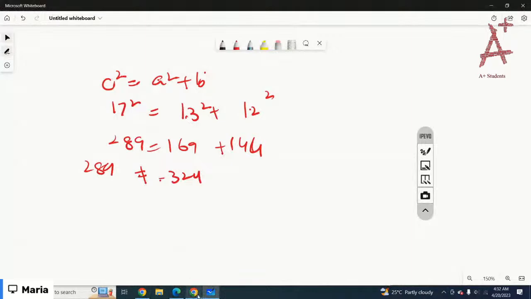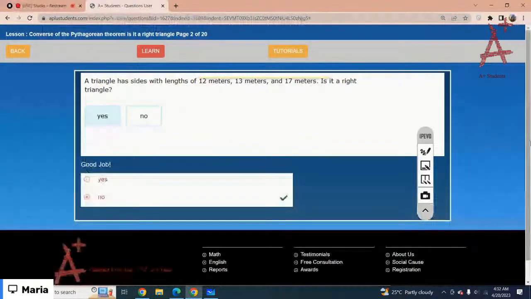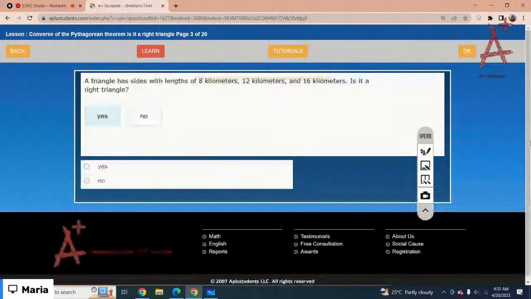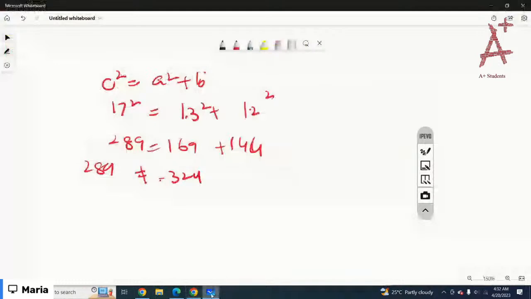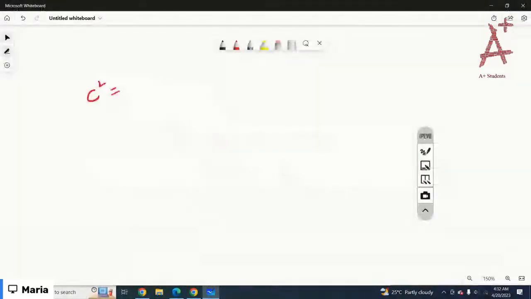Okay, let's see if the next one is a right angle triangle. Our triangle has side lengths 8, 12 and 16. C square equals A square plus B square. It would be 8 square and 12 square.